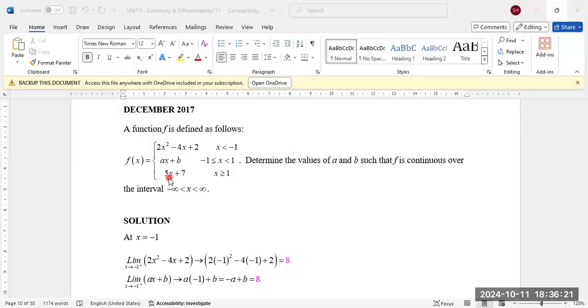Sir, I had a question, but I think it's the same as hers. Was she asking about the values of A and B? She's asking what it is equal to. Oh. Sir, you said that polynomials are always continuous, right?